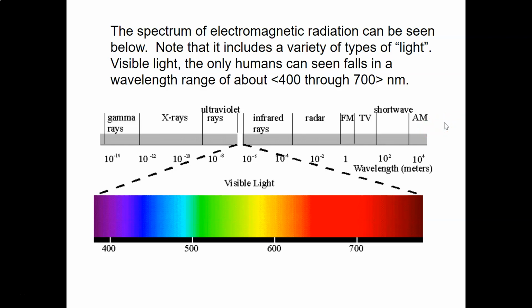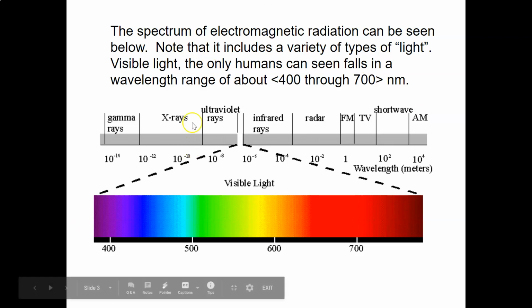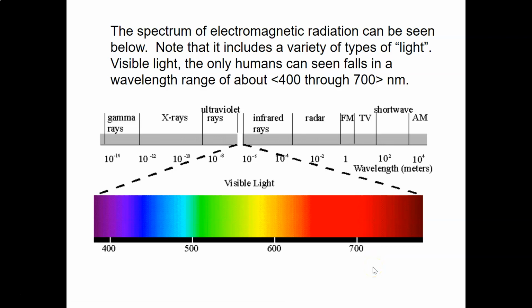longer wavelengths. And so the relationship between wavelength and energy is inverse. The more energy something has, the smaller the wavelength's going to be. So these guys have the most energy. These guys have the least amount of energy. Visible light, we typically say that it's between 400 and 700 nanometers. Notice that it kind of goes beyond those two a little bit. We didn't worry about that too much in first year.